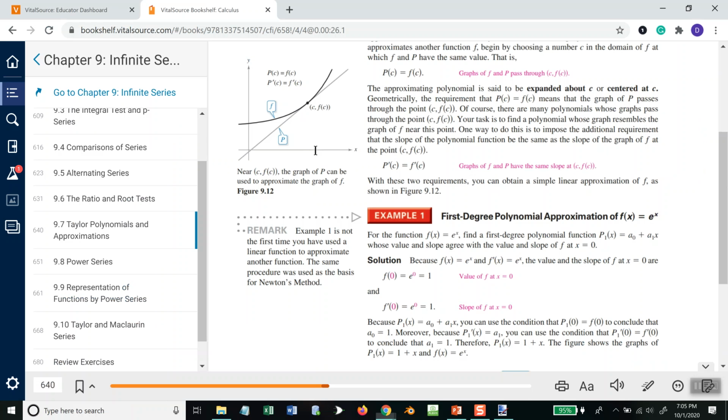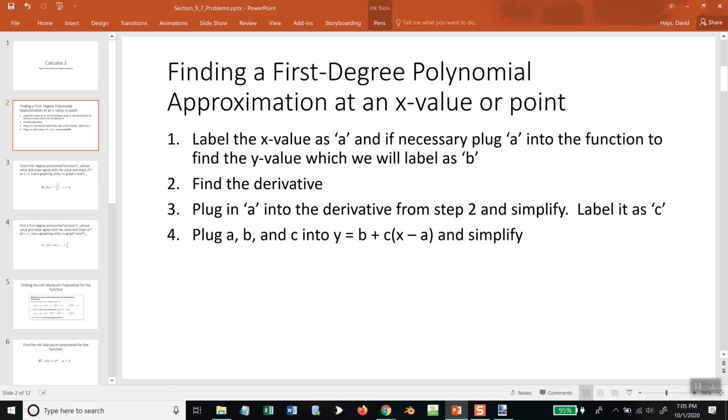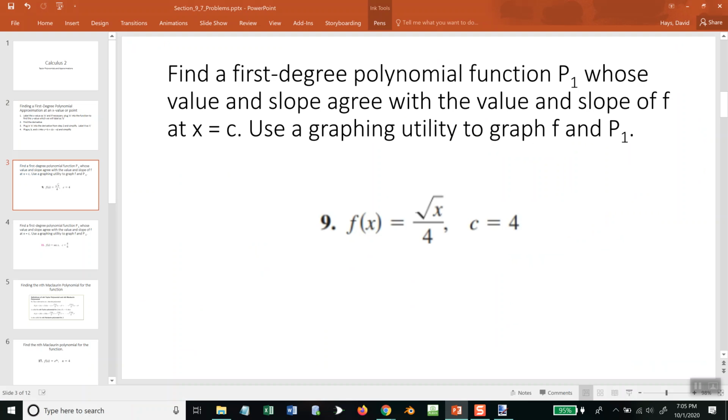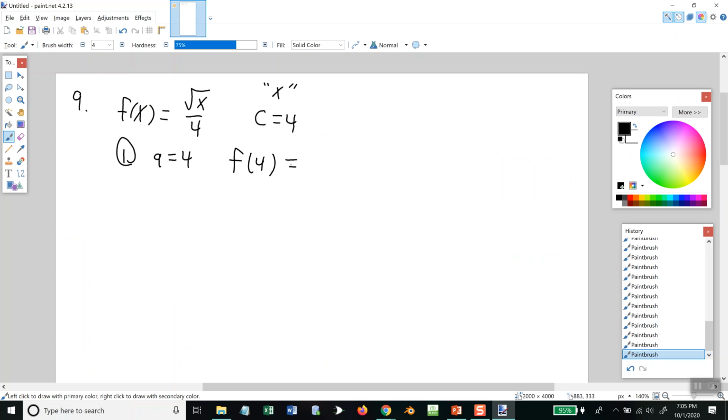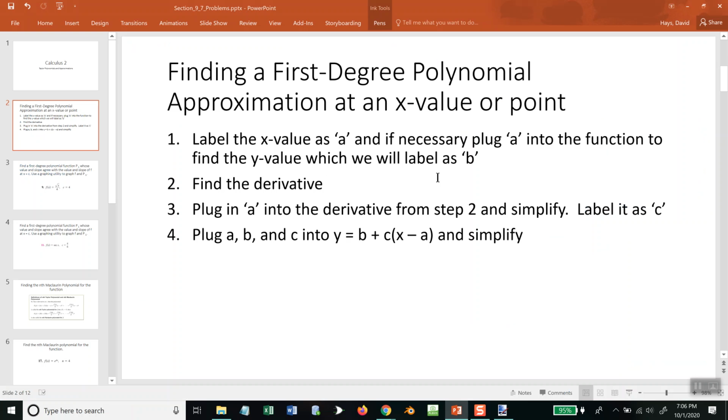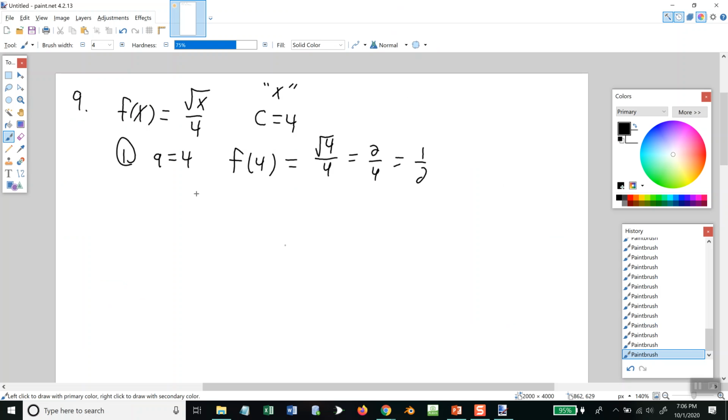So we're going to have the square root of 4 over 4. It gives us 2/4 or 1/2. And then it says label that as b. So b is equal to 1/2.